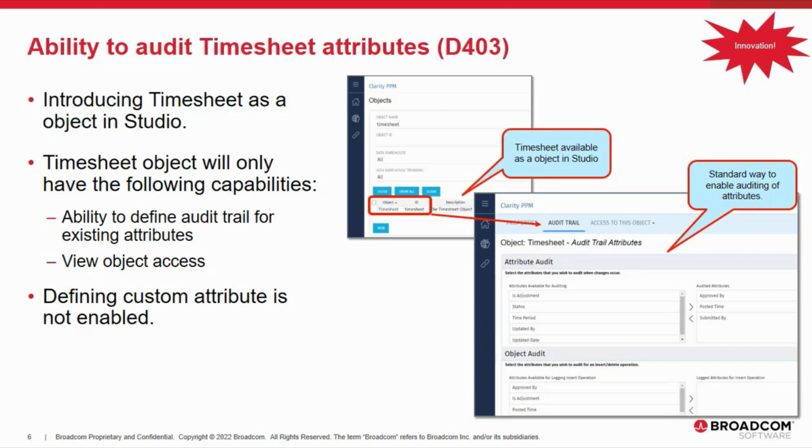The first is the ability to define which attributes you want to audit, and second, to be able to see the view access that has been defined for that object itself. This object, unlike others, will not allow the capability to define custom attributes. You can only consume the existing out-of-the-box attributes and audit them.